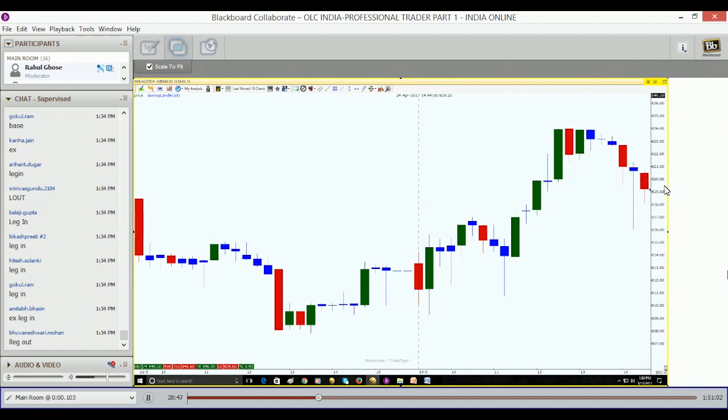I've taken this example on purpose. Where can you all see an explosive move in price?